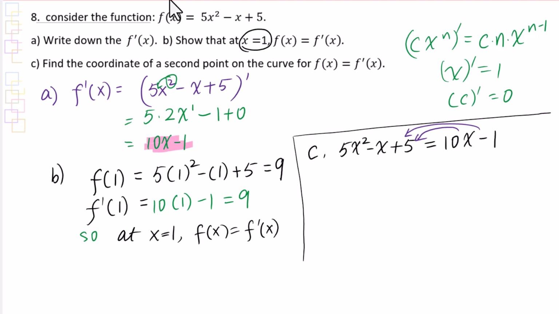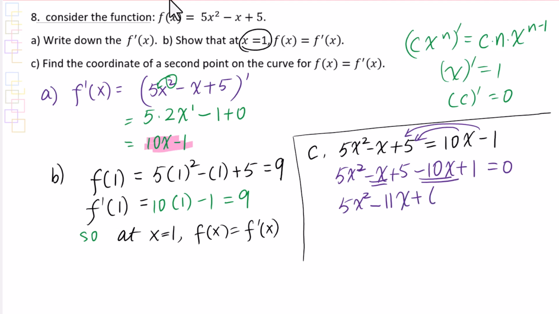Change this quadratic function into equal to 0 form. 5x squared minus x plus 5. Do not forget to change the sign. Minus 10x plus 1 equals 0. Combine like terms. 5x squared, negative 1 minus 10 is negative 11x plus 6 equals 0.